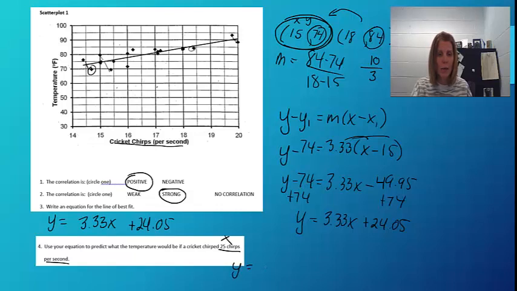So I'm going to have y equals 3.33 times the x value plus 24.05. And if I go ahead and find out what that answer is, I will get 107.3. And I noticed I'm labeled in degrees Fahrenheit, so it'll be degrees Fahrenheit. So that's what I could expect the temperature to be if the cricket chirped 25 chirps per second.